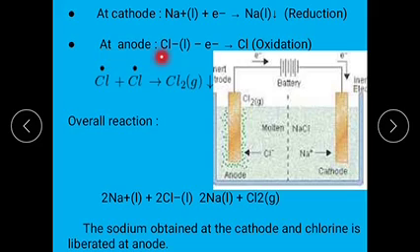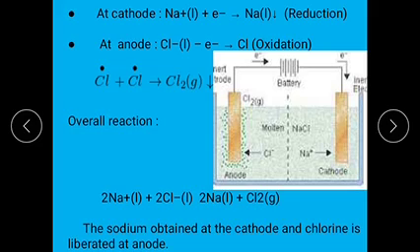At the same time, the anode, which is a positively charged electrode, attracts the negatively charged ions, here Cl minus ions. When it loses one electron, it is converted into chlorine.